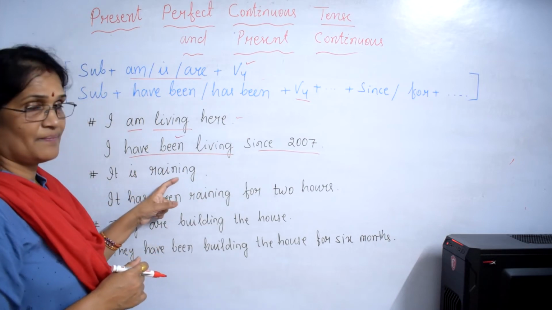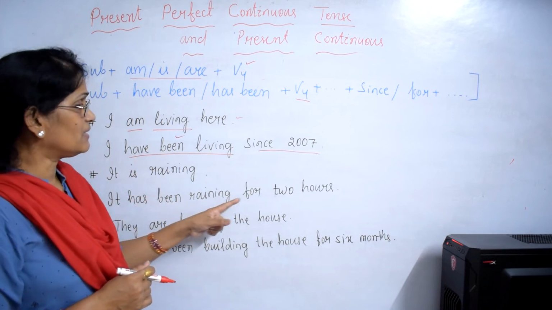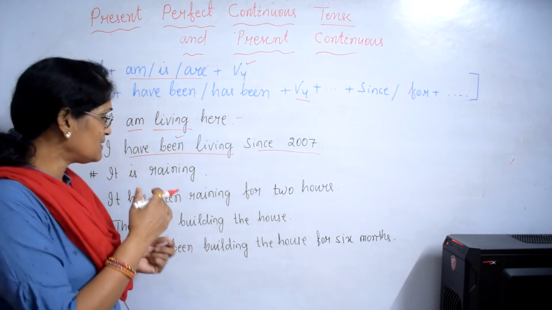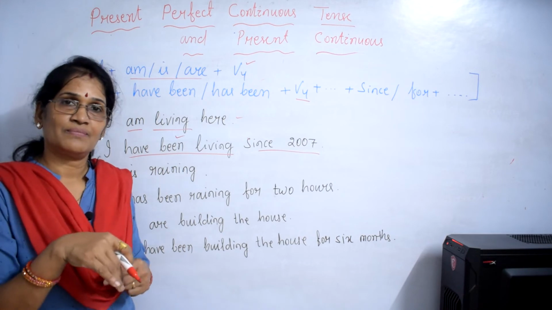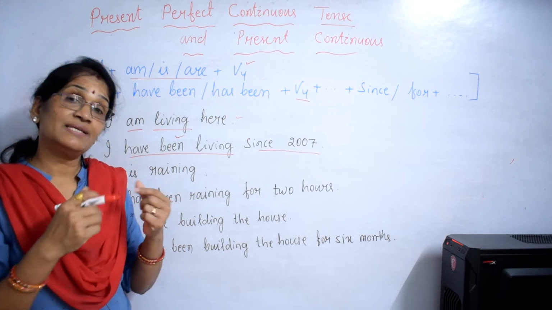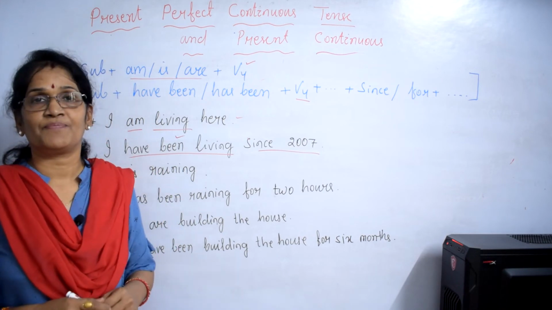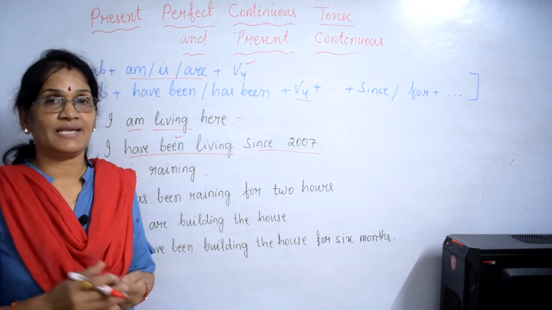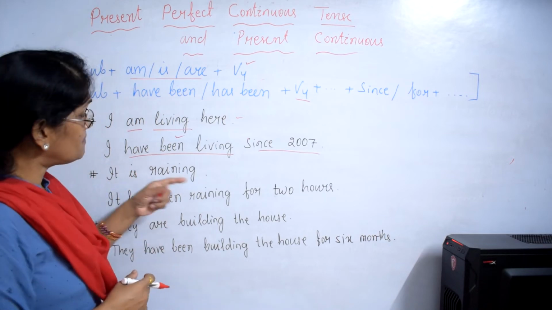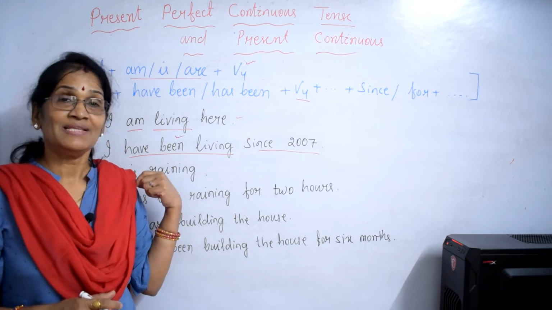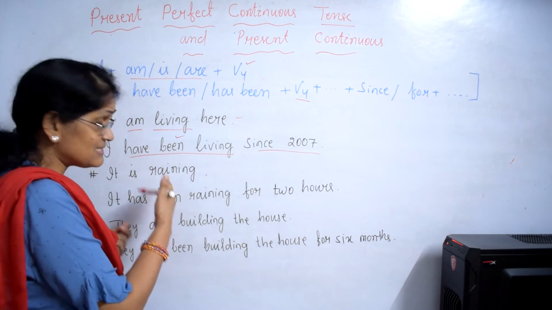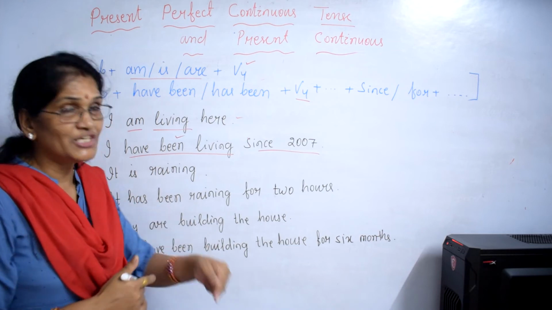It is raining. It has been raining for 2 hours. What's the difference between both? It is raining means now I am saying it is raining. At the time of speaking it is raining. So what do I say? It is raining. It has been raining for 2 hours. It is related to past. That means the raining started in the past and is continuing still now.